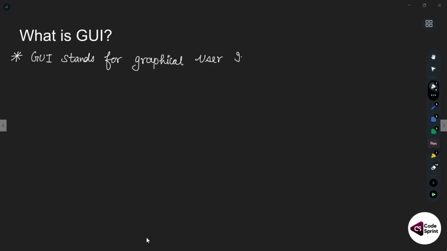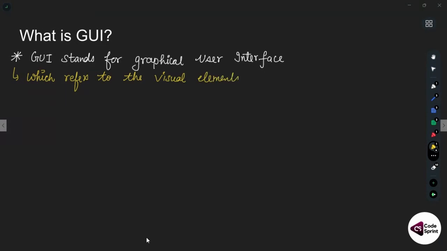Okay, and now if we talk about what finally GUI is, it refers to the visuals, or we can say the visual elements of a software application, which allows the user to interact with the program.